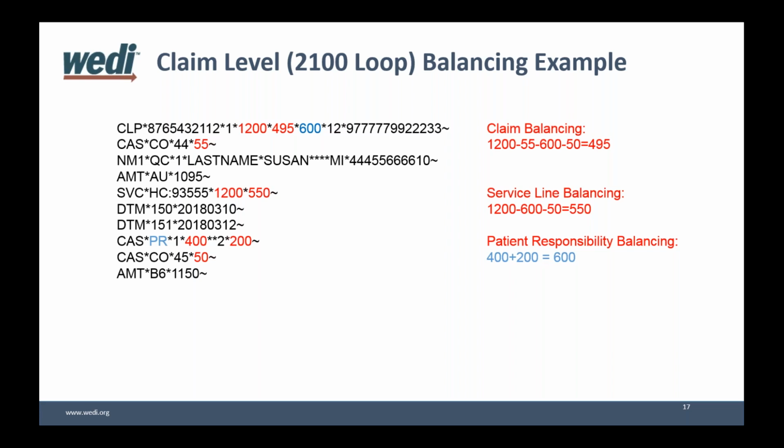So there we have a finalized service line at $550, and then we have another $55 that's going to be taken at the claim level, and that will bring us to our $495 as the full paid amount for this claim. And then, of course, in CLP05, our patient responsibility is reported there as the total $600 because we added the $400 and the $200 to get the total patient responsibility for CLP05. Okay, next slide.